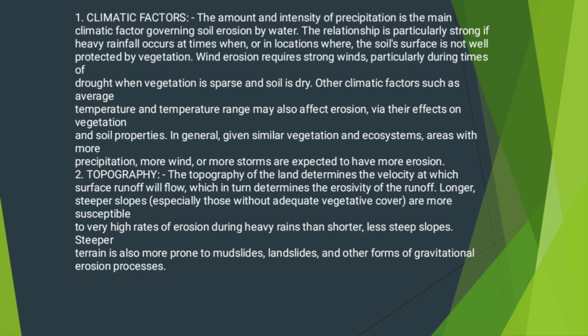Longer or steeper slopes are more susceptible to very high rates of erosion during heavy rains than shorter, less steep slopes. Steeper terrain is also more prone to mudslides, landslides, and other forms of gravitational erosion processes.